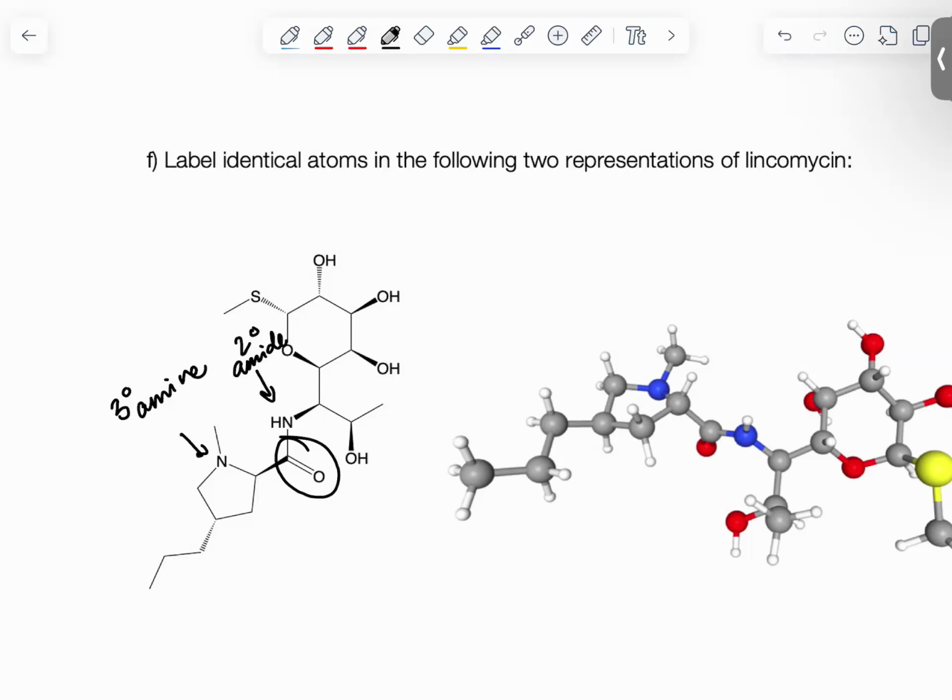You can look at it for as long as you'd like. Yes, an amide has a double bonded oxygen. So this one carbon is attached to both a nitrogen and a double bonded oxygen, whereas an amine is just a nitrogen that is attached to at least one carbon. And I'll move on.